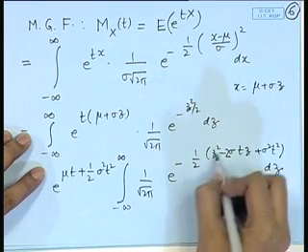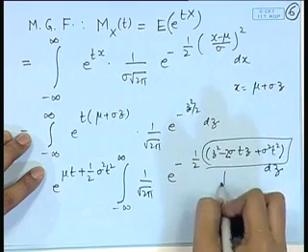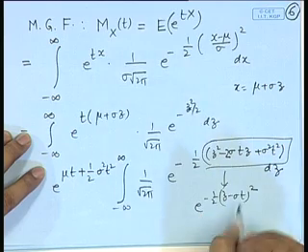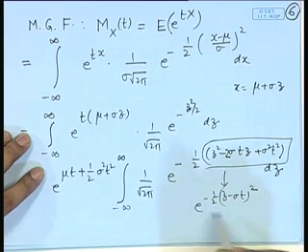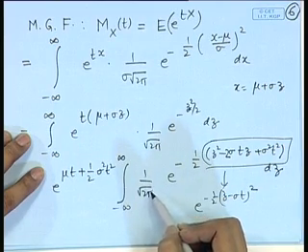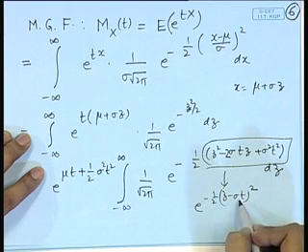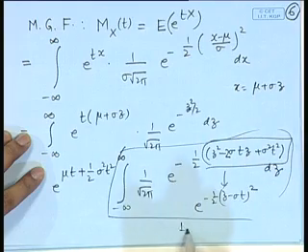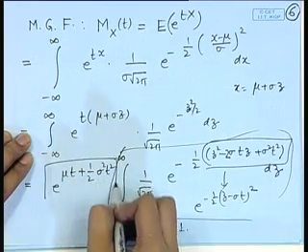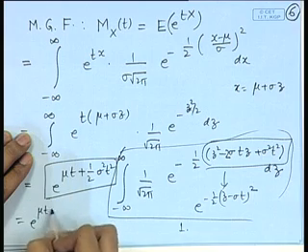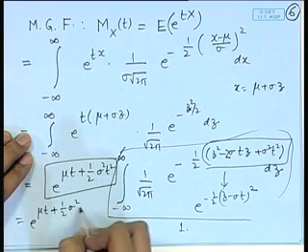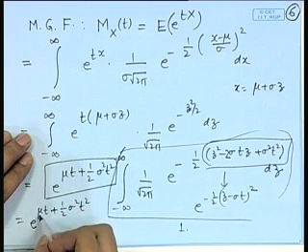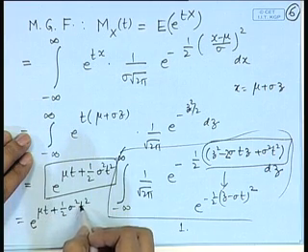If you look at this particular term, this is (z minus sigma t) whole square. So, the integrand denotes a probability density function of a normal random variable with mean sigma t and variance 1. Therefore, this integral reduces to 1, and therefore, e to the power mu t plus half sigma square t square becomes the moment generating function of a normal distribution with parameters mu and sigma square.